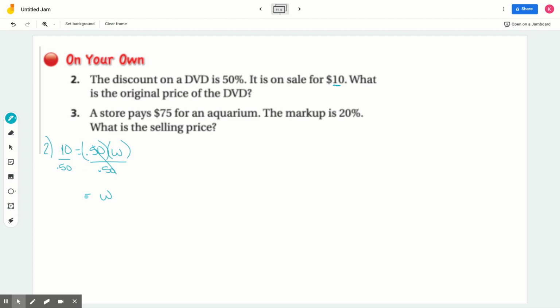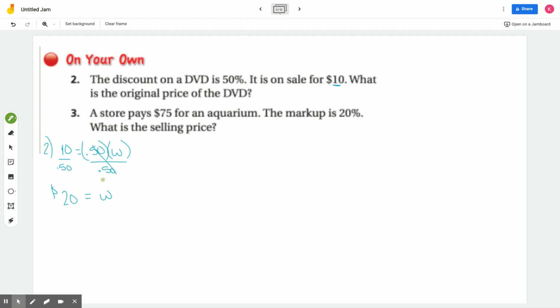Here, we'll see that 10 divided by 0.5 or 0.50 is $20. So the whole price, or the original price of the DVD, was $20. So we could read this, and that says 10 is 50% of 20, and that would be correct.